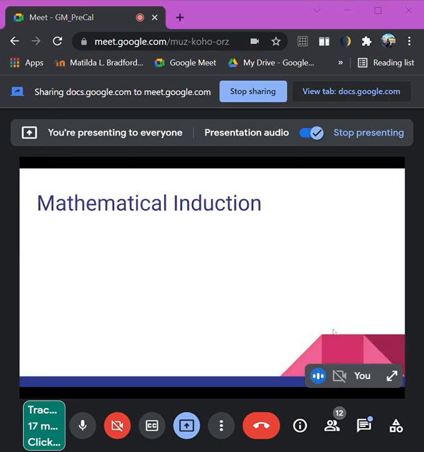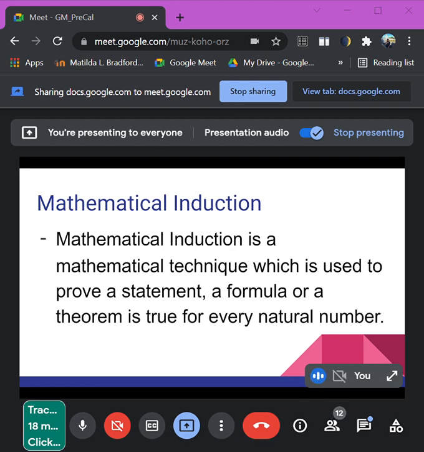Unsa day ng mathematical induction, teacher? Okay, have you met this word or this phrase before? Okay. So, mathematical induction is a mathematical technique which is used to prove a statement, a formula or a theorem is true for every natural number.